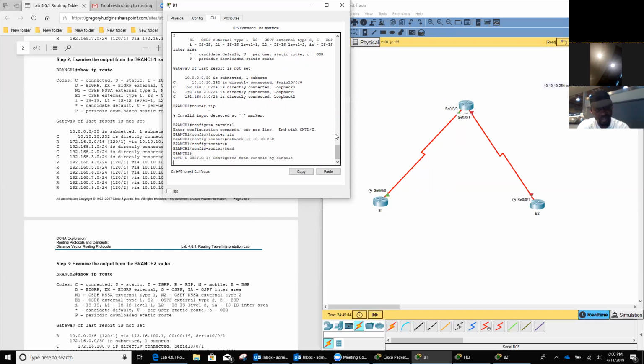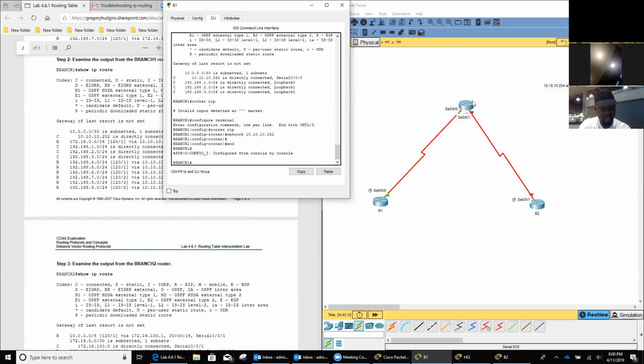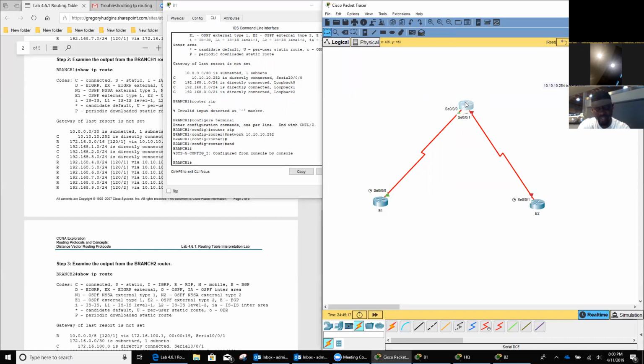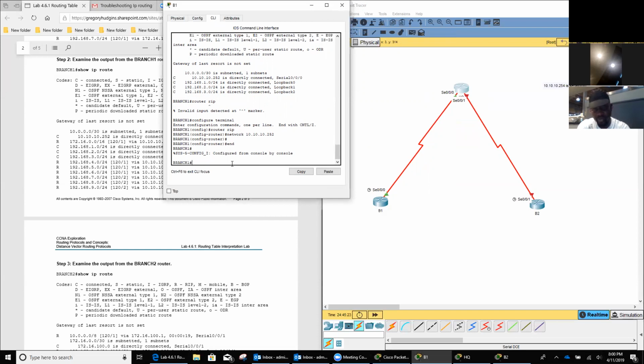All right, in a second, you'll see you'll develop an adjacency. Should have by now. Hit enter. All right, now type show IP route. For some reason, headquarters and V2 is not linking.